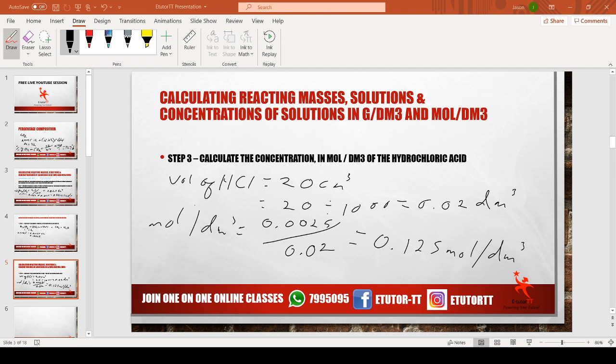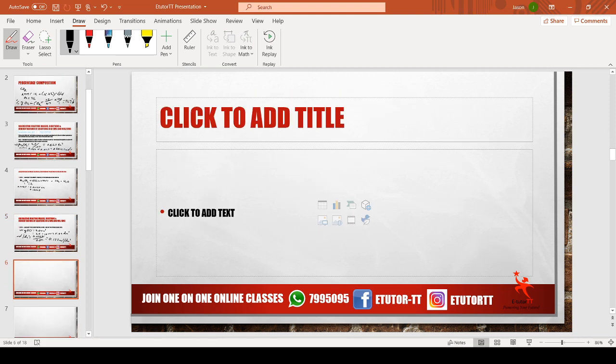So we'll continue. So we'll do our next equation. So we have 1 mole of calcium carbonate requires 2 moles of hydrochloric acid.